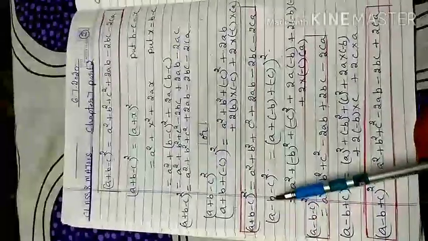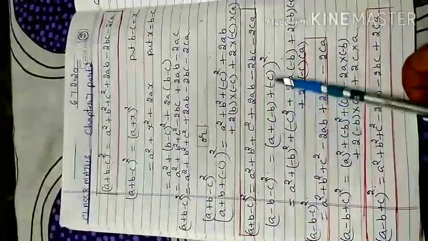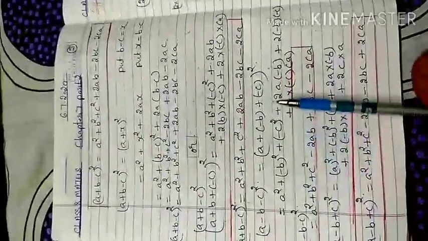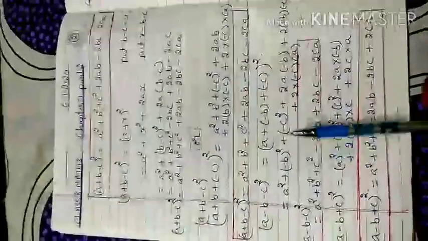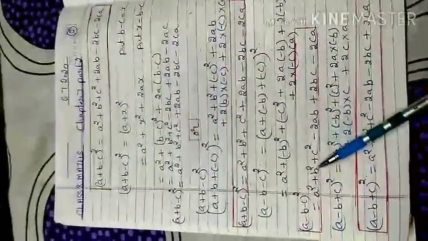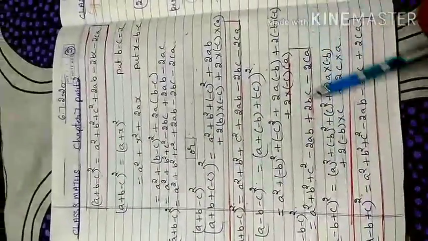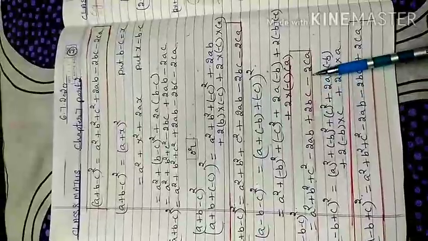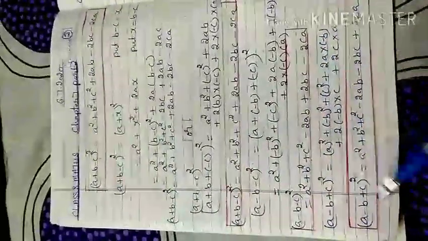Similarly, if b and c terms are negative, if you convert back into a plus b plus c form, a square plus b square plus c square plus 2ab plus 2bc plus 2ca, I will get the required answer, because negative square is positive: a square plus b square plus c square minus 2ab, negative times negative is positive, plus 2bc, minus 2ca. So this is my required formula of a minus b minus c.